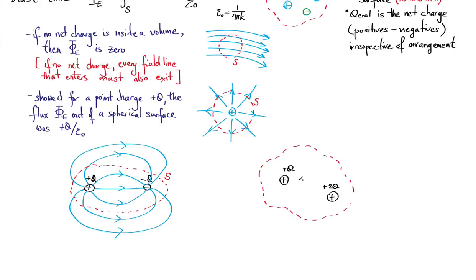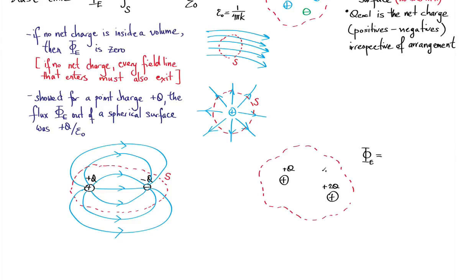Okay, so let me just start by saying, what is the total amount of flux that's going to be coming out of here, right? If we use Gauss's law, basically phi sub E should be equal to the total amount of charge enclosed, right?